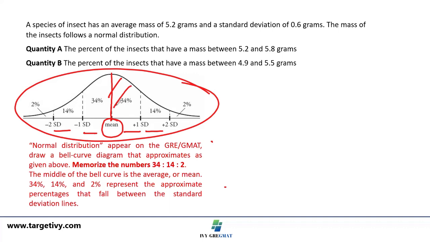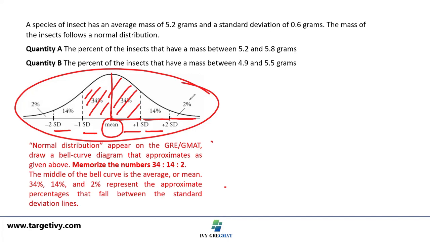For +2, it's 14%. For more than 2 standard deviations, it is 2%. So remember this 34, 14, and 2. This is on either side.